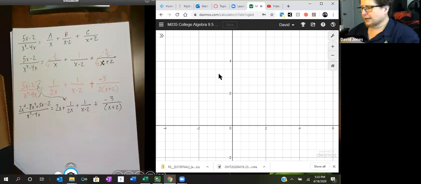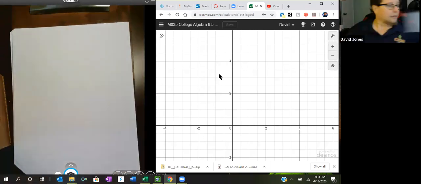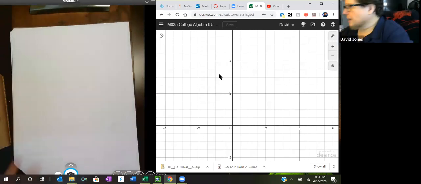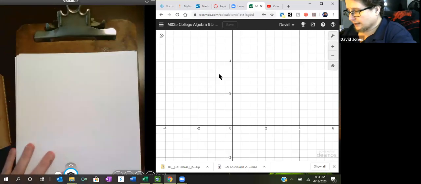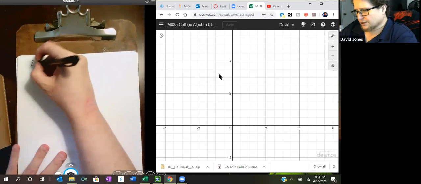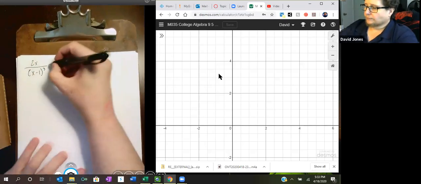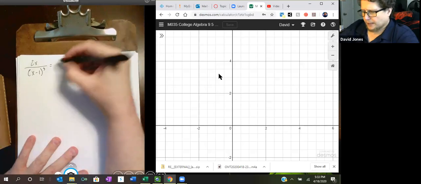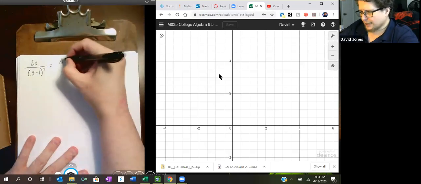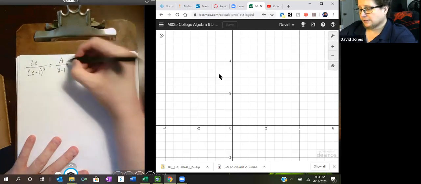So let's take a look at another example. Let's show you one where the denominator has a linear term that repeats. Let's do 2x over x minus 1 cubed. So I told you this had to go a1 over x minus 1.